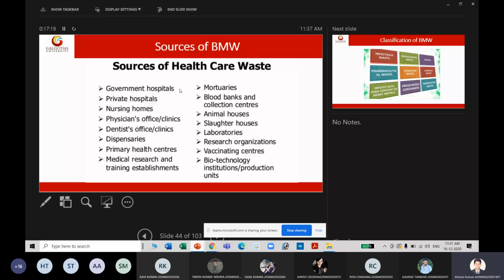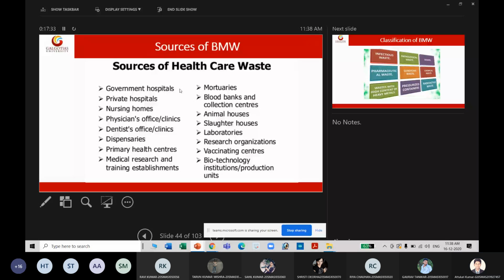Okay. Then labs. Labs are one source of waste generation, and research organizations, vaccine centers, and biotechnological institutions are major sources of generation of biomedical waste. Are you writing, Mr. Rahul?